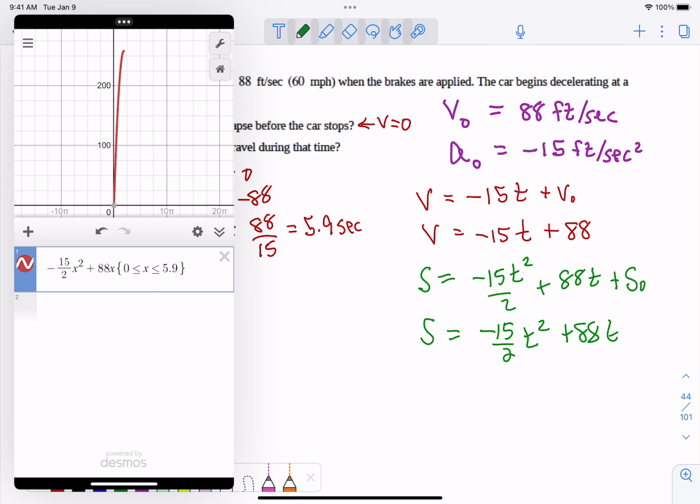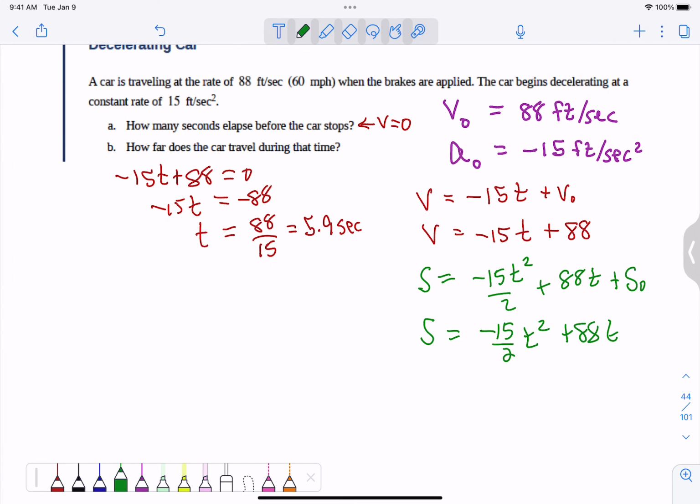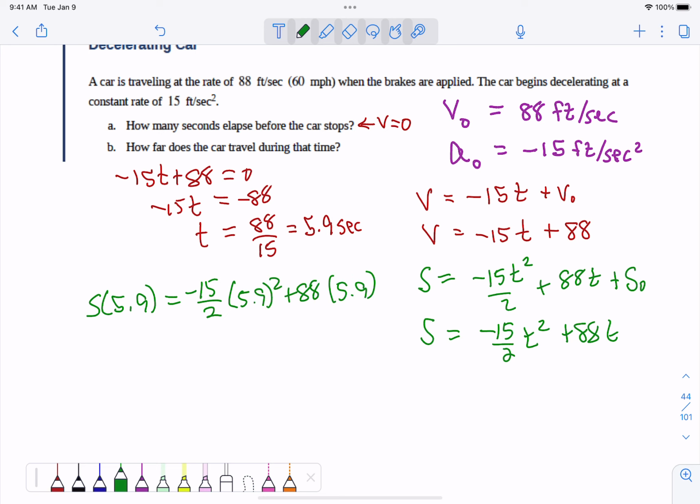So now if you go and look, our position at 0 should be 0. So let's just plug in 5.9 to see how far it goes. Negative 15/2 times 5.9 squared plus 88 times 5.9.